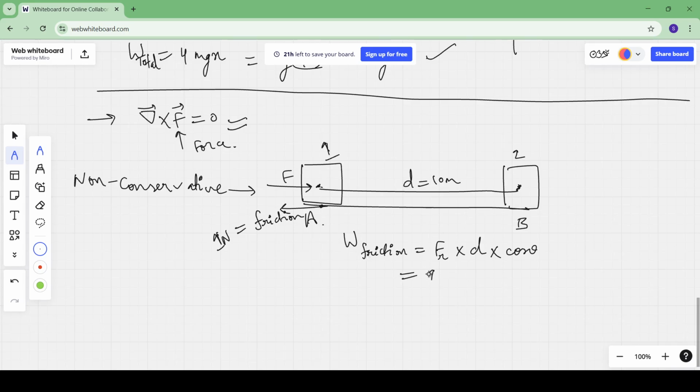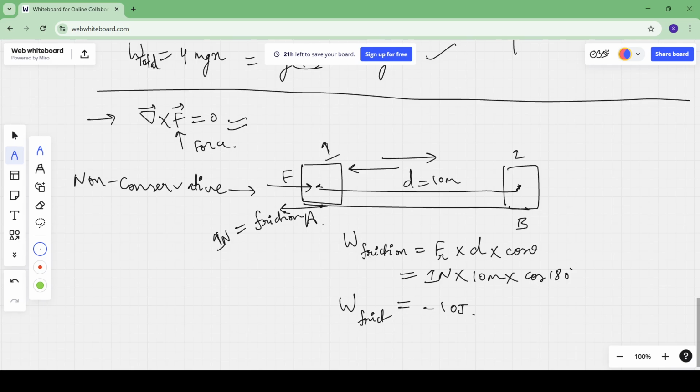The friction is 1 Newton, the displacement is 10 meter, and what is the angle here? The displacement is in this direction, but the friction acts opposite to the direction of motion. So here it is cos 180 degree, and cos 180 is minus 1. So you get minus 10 joule of work done, which is due to the friction.